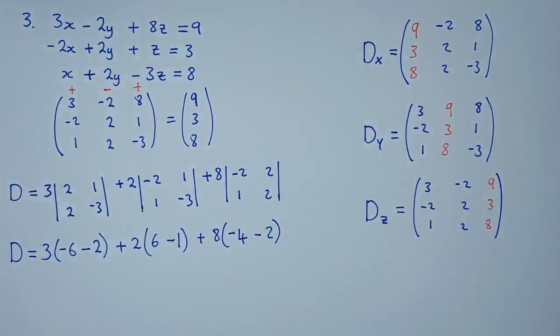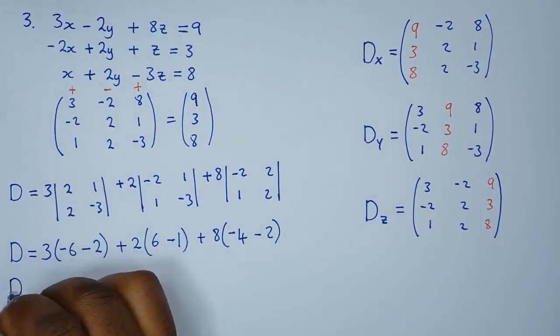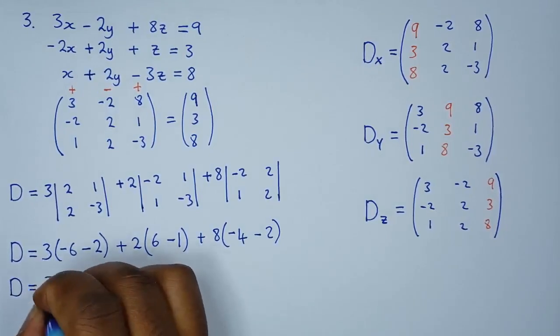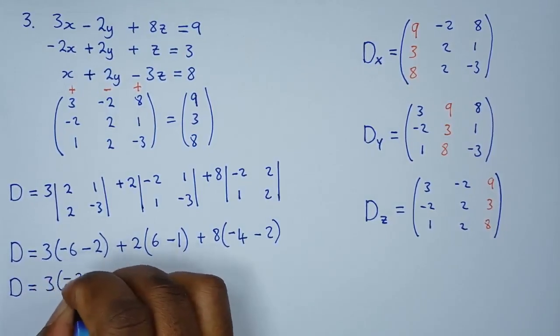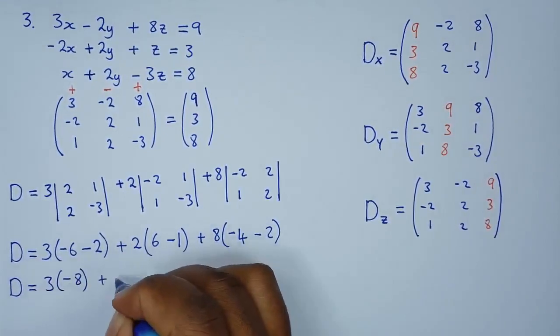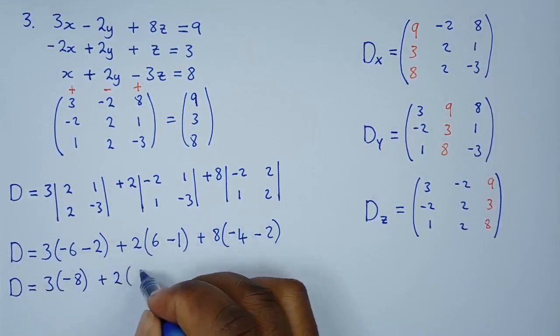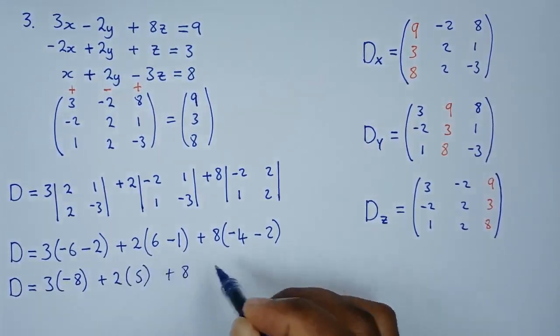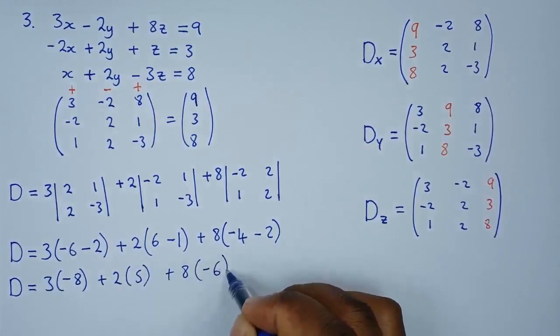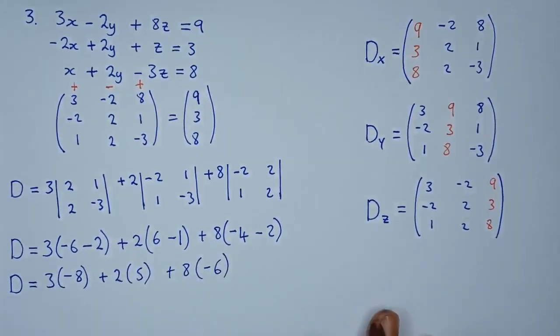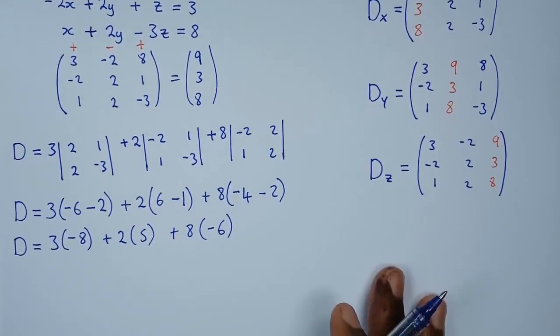Simplifying this, what we're going to get will be d is equal to 3 times negative 8 plus 2 times 5 plus 8 times negative 6, like that. Let's proceed and find the value of d.